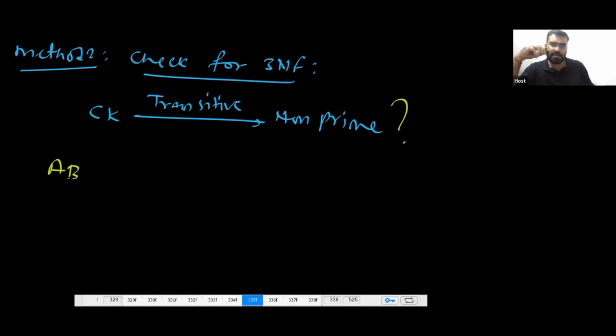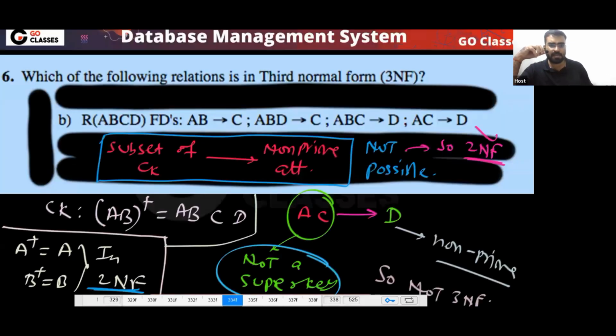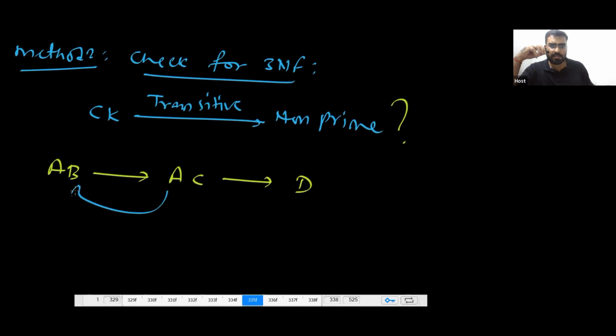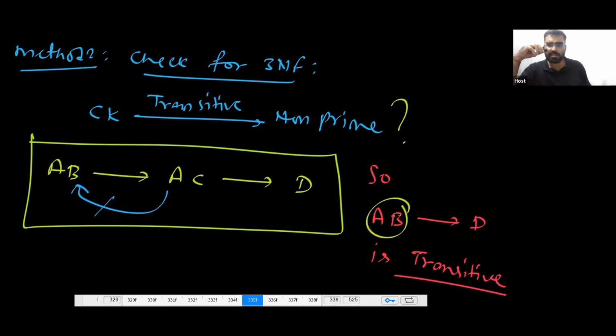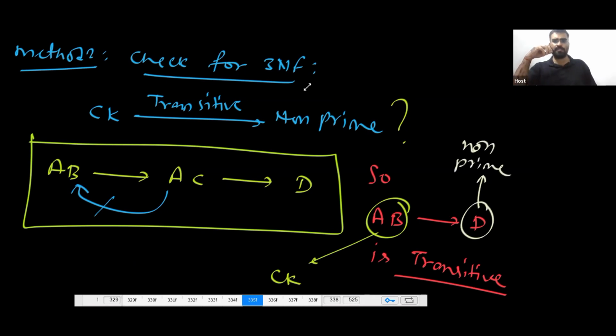I can say that AB determines AC, which determines D. Notice that this does not determine this, so this is your perfect picture. So AB determining D is transitive, where this is the candidate key and this is non-prime.